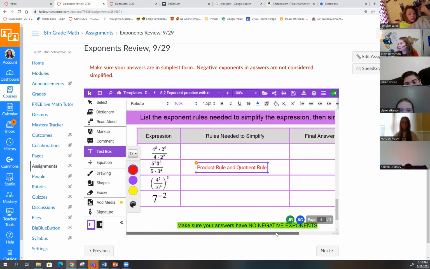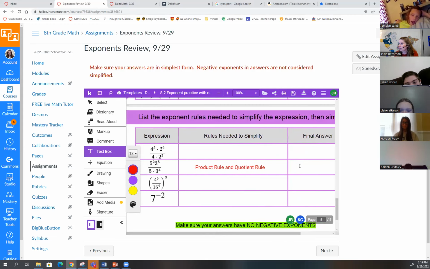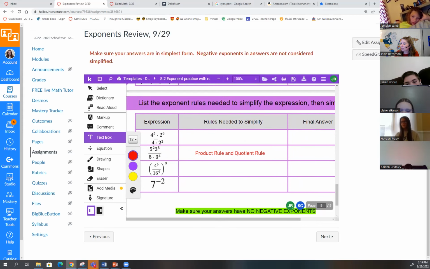All right, so over here, I want to type not only fractions, but exponents. So I'm going to go up here and open my Equatio by clicking on this blue button. Once I do that, it should open Equatio at the bottom of my screen.